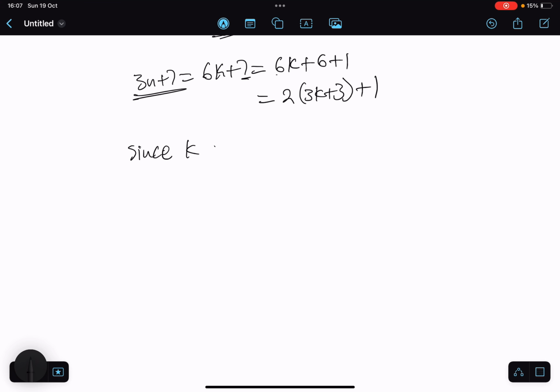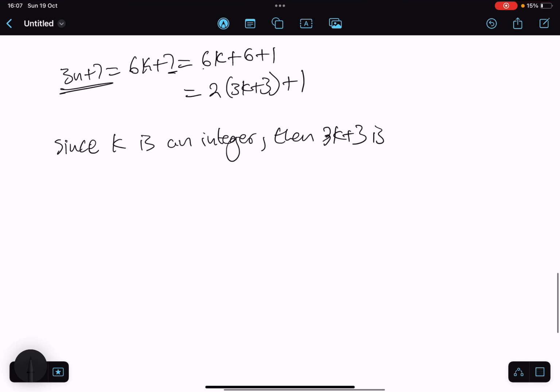Since k is an integer, 3k plus 3 is also an integer.